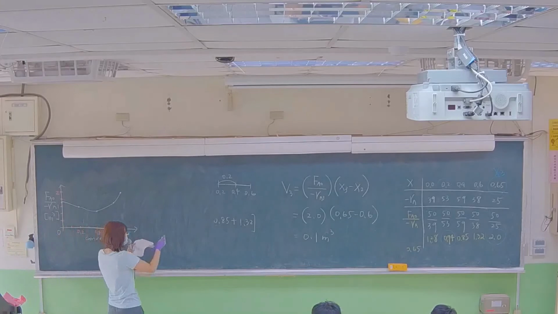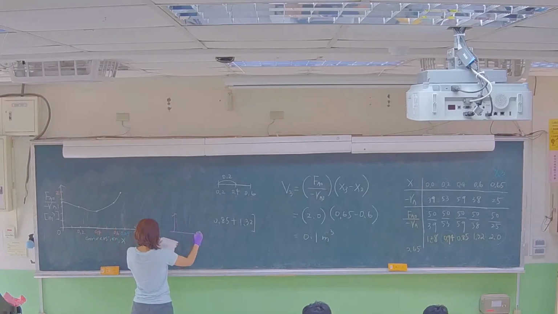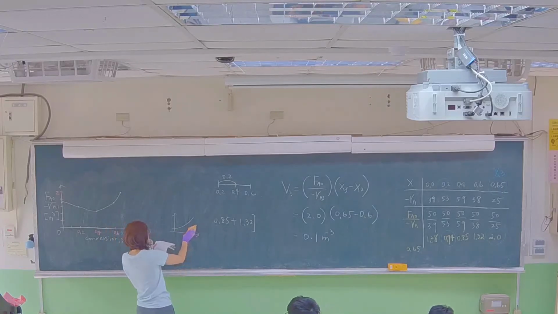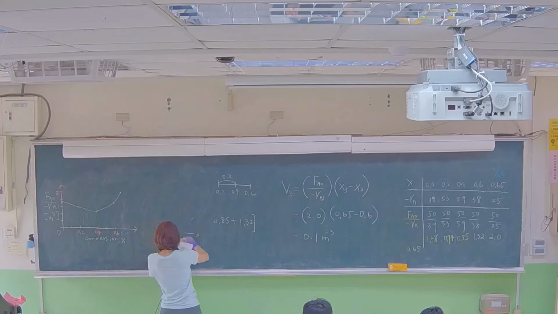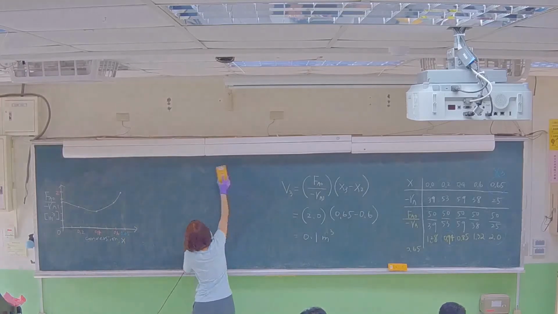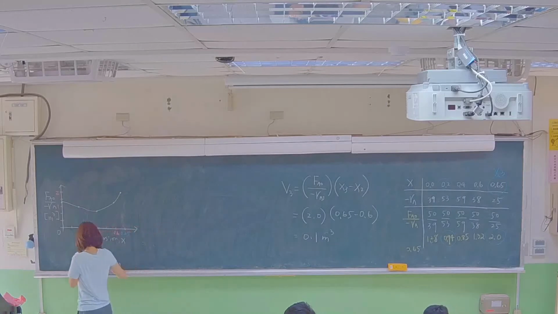So previously, we only had experience with this kind of curve, right? For previous examples, we only used this kind of curve. So let's see if the information is different. But you can use the same way to find the area corresponding to the volume.